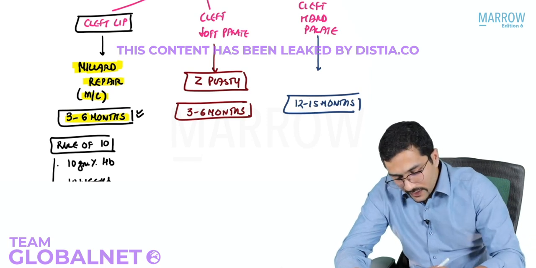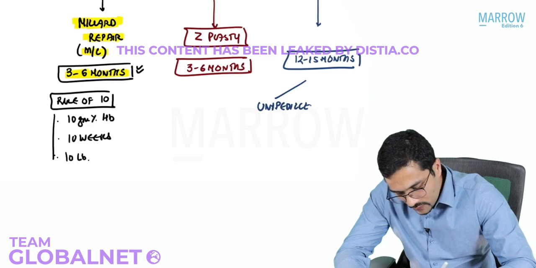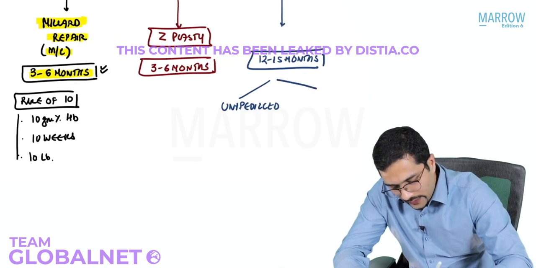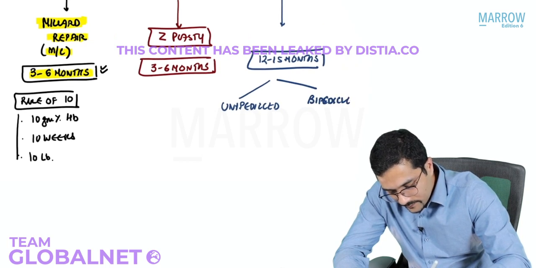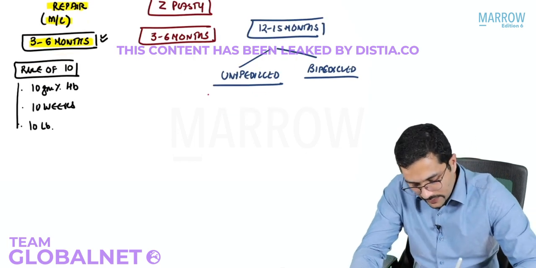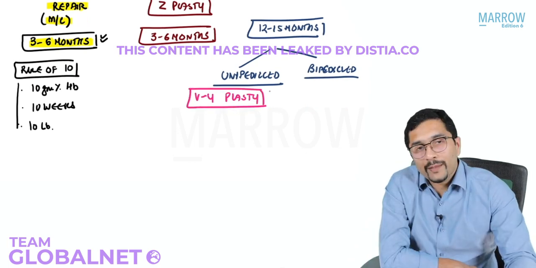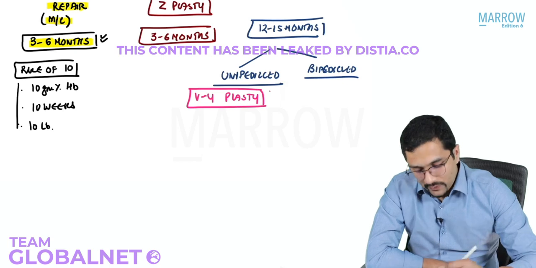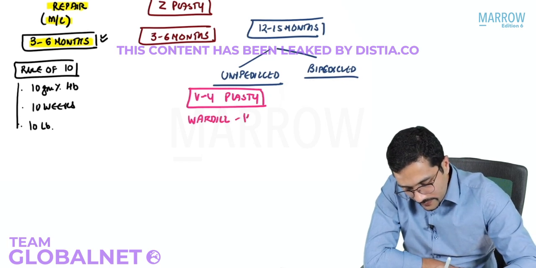For hard palate, the repairs which are done can be unipedicled repair or bipedicled repair. The unipedicled repair is the VY-plasty, which I've already shown to you, and this is also known as the Waddell-Kilner repair.